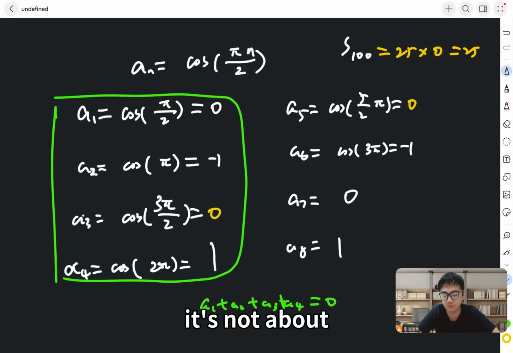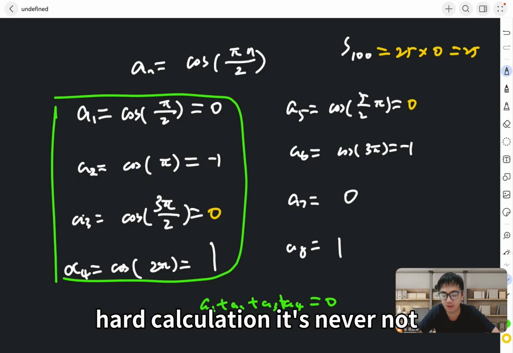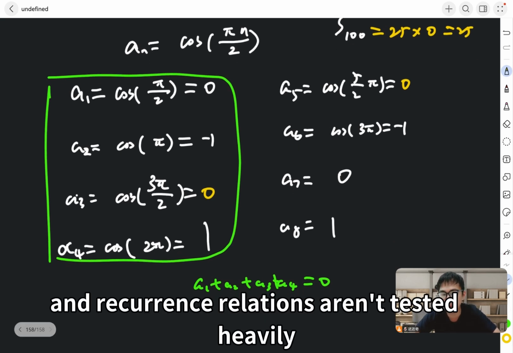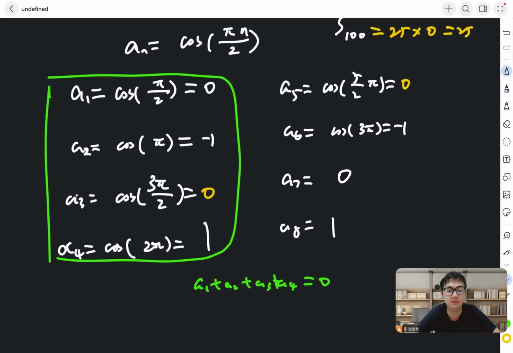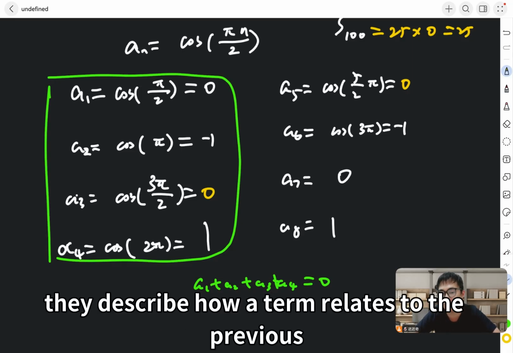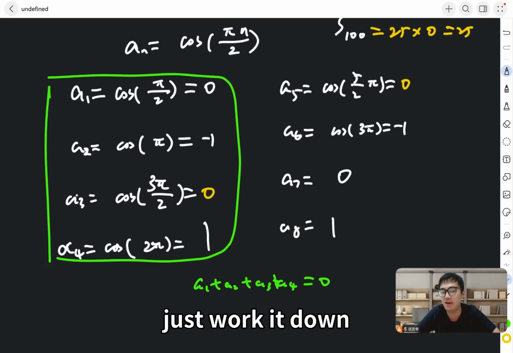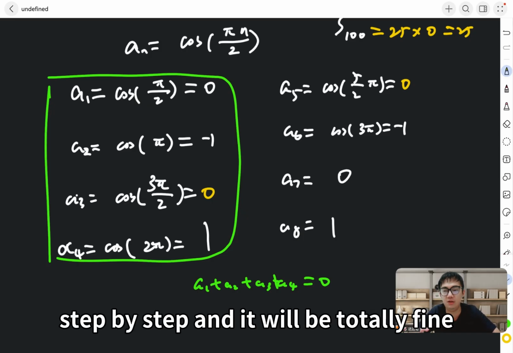It's not about hard calculation. You should just know the trick. Recurrence relations aren't tested heavily, but you should recognize them. They describe how a term relates to the previous or next term. And when you see one, just break it down step by step, and it will be totally fine.